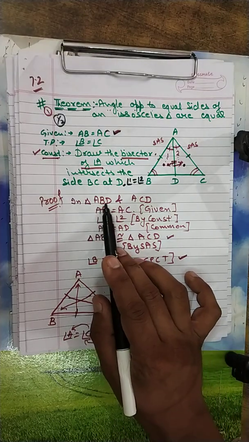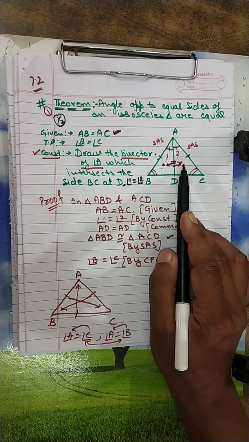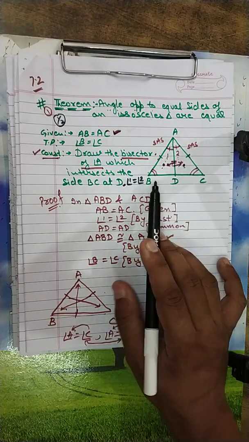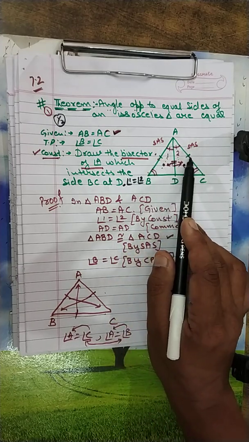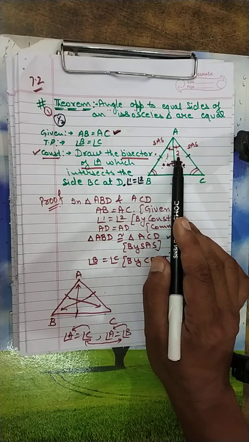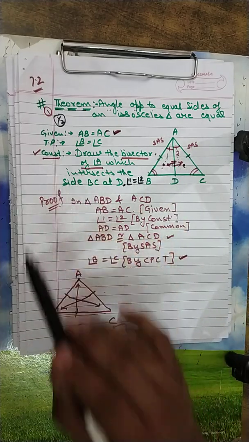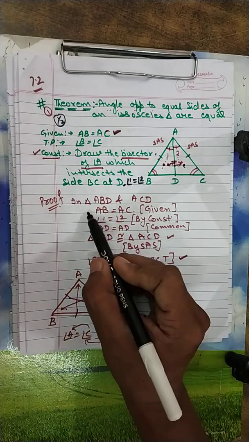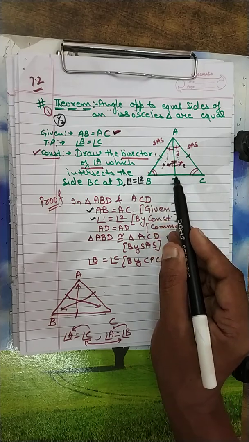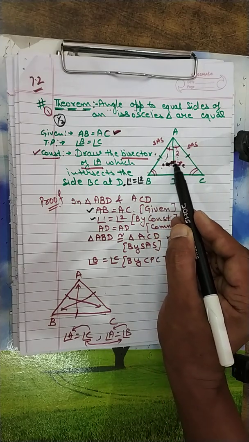Now consider triangles ABD and ACD, the left triangle and the right triangle. You can easily see that AB equals AC, given in the question. Angle 1 equals angle 2 by construction. AD is a common line for this triangle and this triangle.